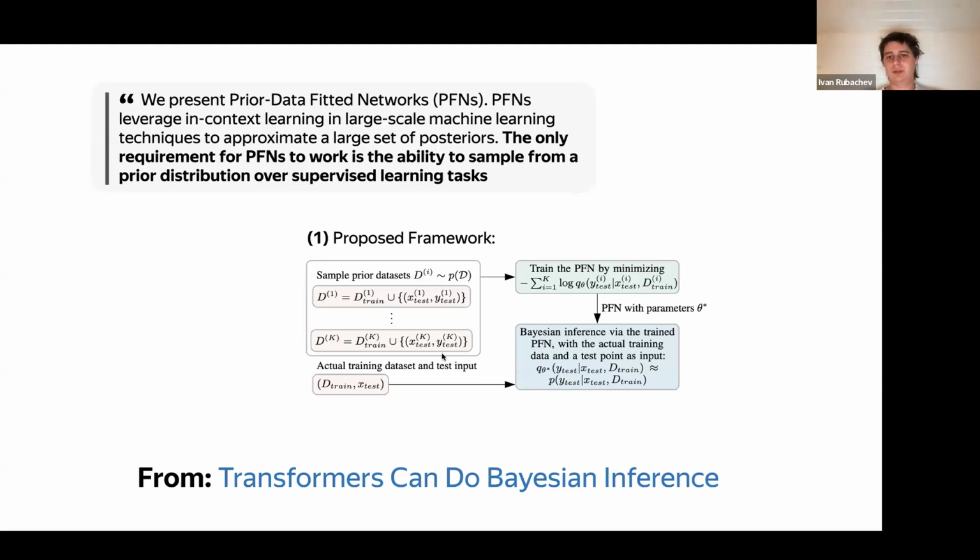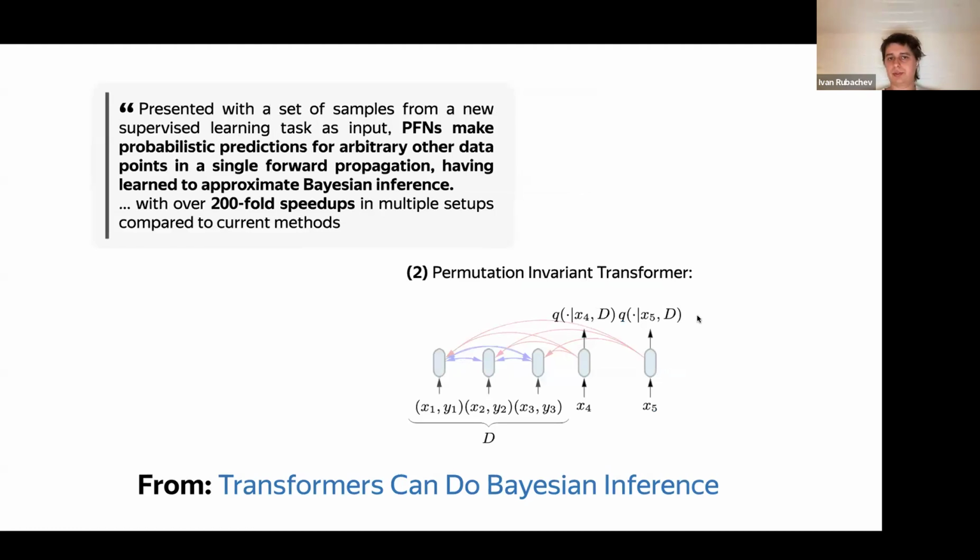A simple note on architecture. We use a simple transformer here. We encode the pairs of inputs and outputs as singular tokens. We allow the attention to be bidirectional when processing the training set, and we disallow the attention between individual test examples during the forward pass, but we allow the attention from individual test examples to the whole training set.